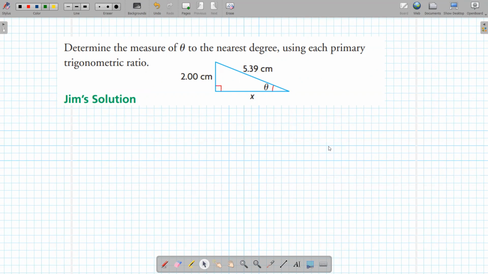Here we can really quickly find out what x is because, I don't know, it says x. We're just gonna find x. It's gonna be 5.39 squared minus 2 squared and a square root of that. X is 5 meters or centimeters, whatever this is, centimeters. Any ideas on how to find theta?